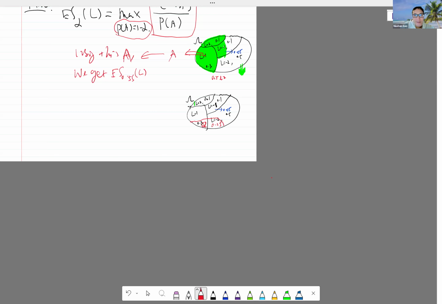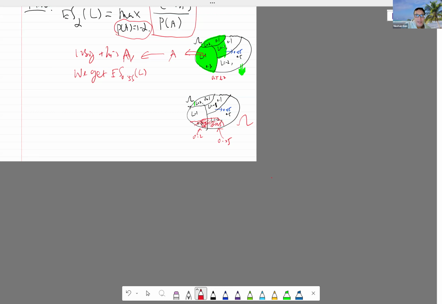This is my set, and this is the omega. I choose a part of my A taken from where L equals 1 with probability 0.2. I choose another part, a little bit from here, with probability 0.25, where L equals -2.